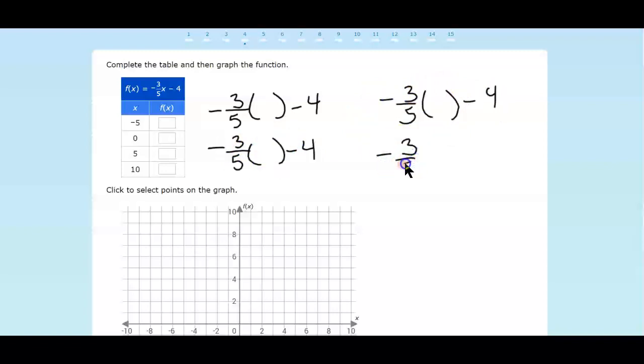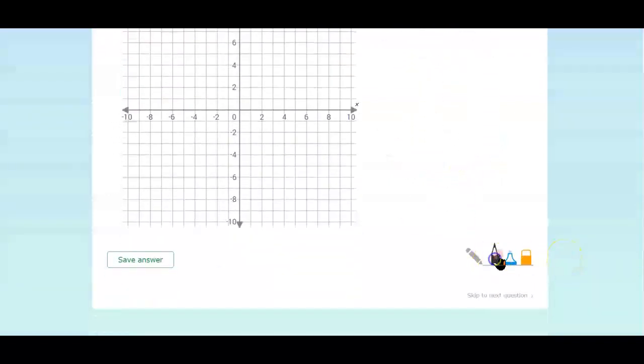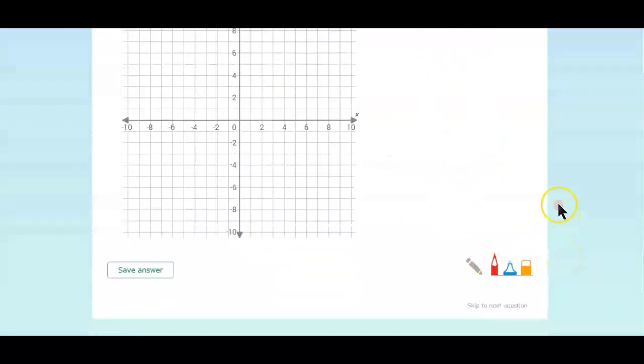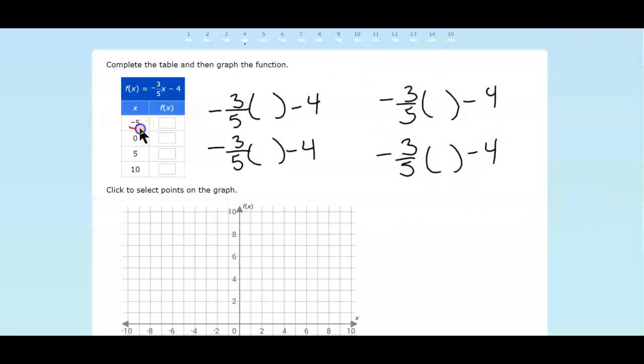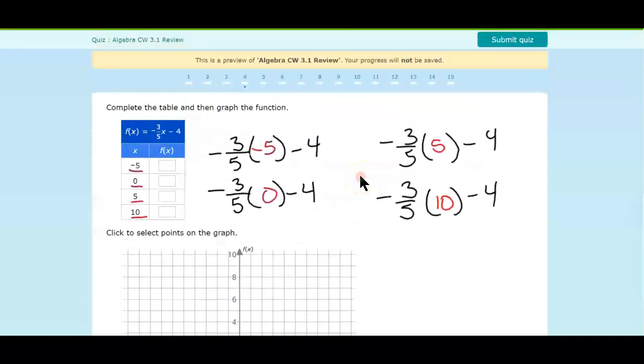I'm going to do this for 4 different versions of x, which are negative 5, 0, 5, and 10. If you have a calculator that handles fractions, this is super easy.